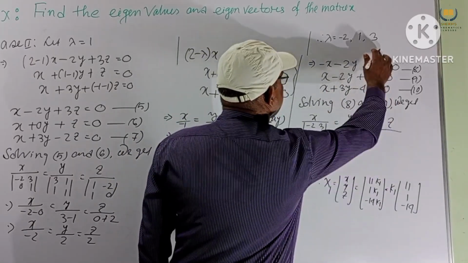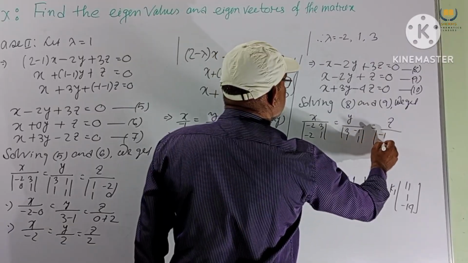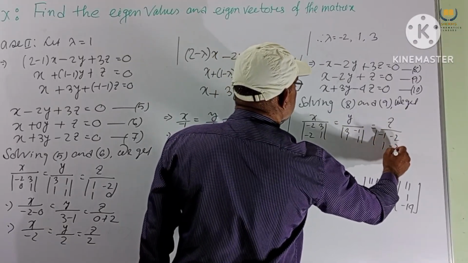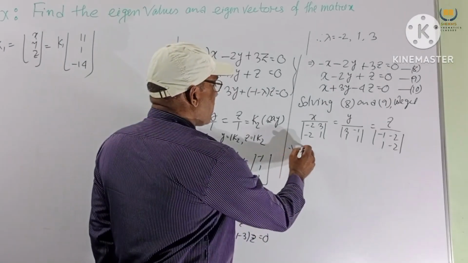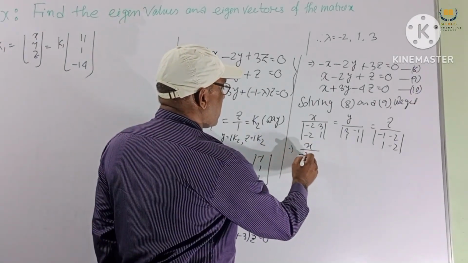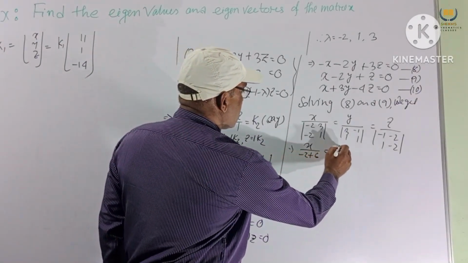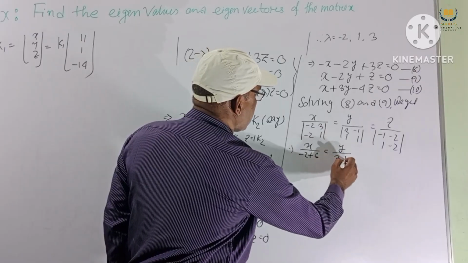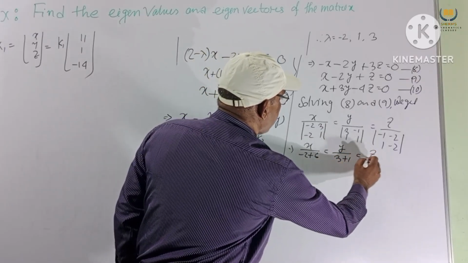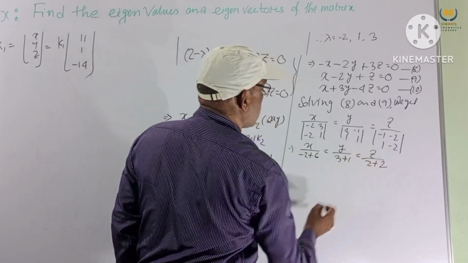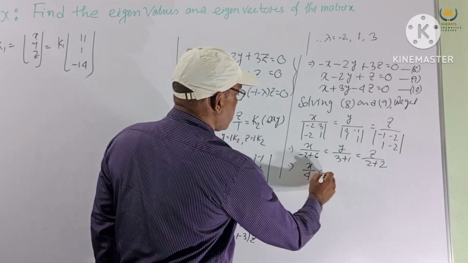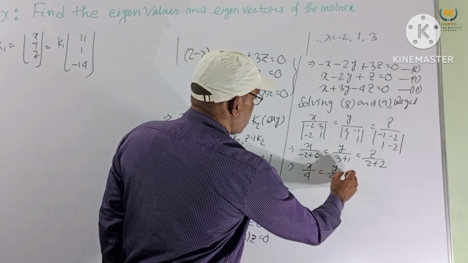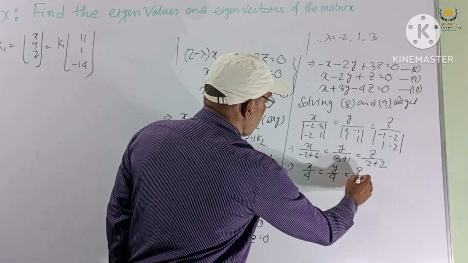Next z, this one cancels, minus 1, 1, minus 2, minus 2. We get this. So next, this implies x by minus 2 plus 6, y by 3 plus 1, z by 2 plus 2. So this implies x by 4, y by 4 and z by 4.